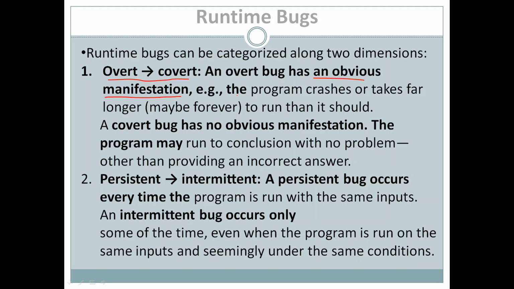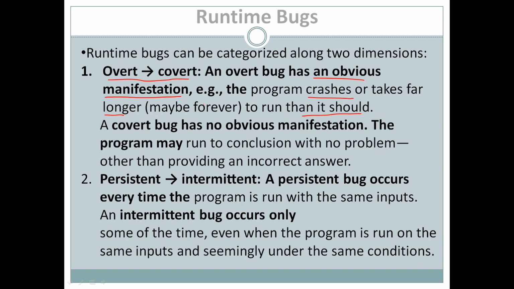For example, when you have an overt bug in your program, the program crashes or takes far longer to run than it should. So when you have an overt bug, the program crashes in between or it takes far longer to run than it should usually.